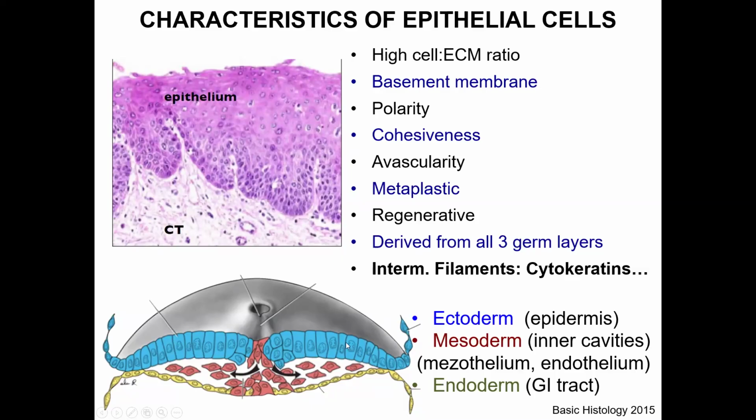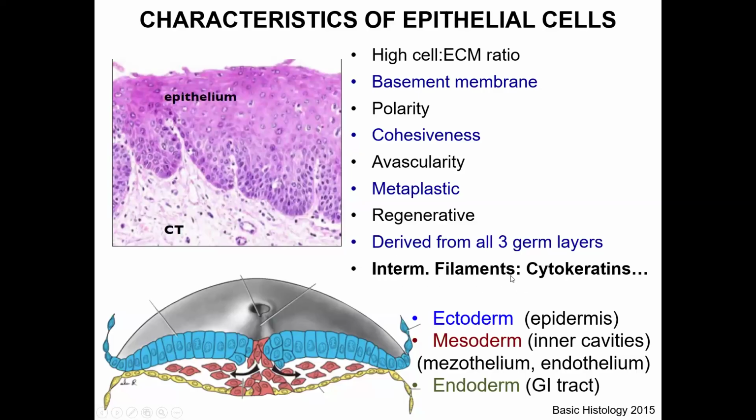Epithelia are derived from all three germ layers. This is the trilaminar disc that forms during gastrulation in the developing embryo. It contains an ectoderm, a mesoderm, and an endoderm. Epithelia originate in all these three layers.